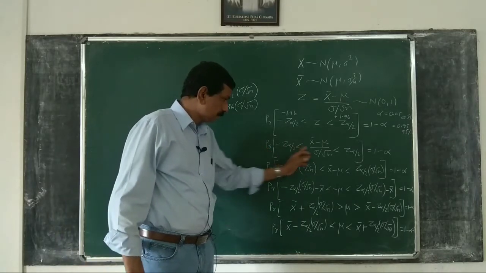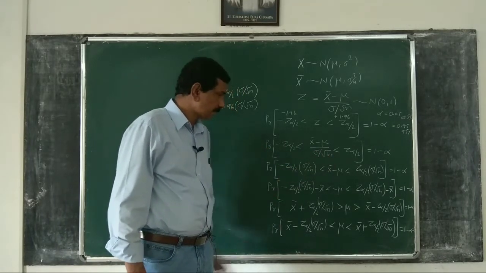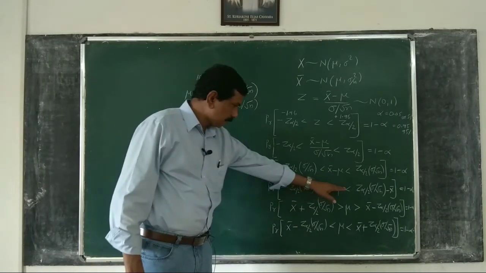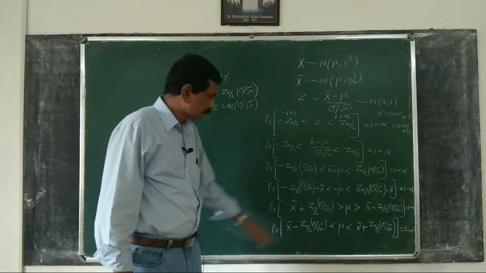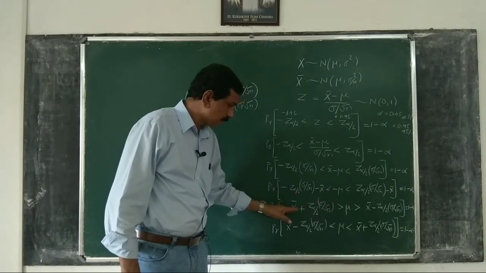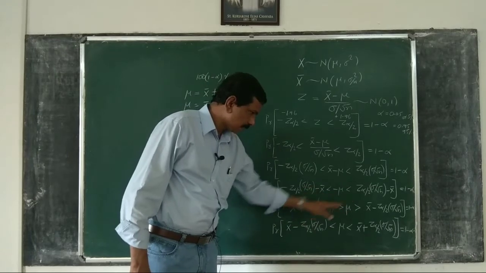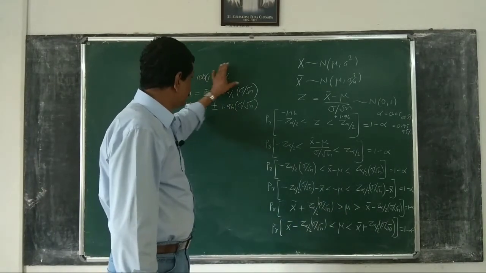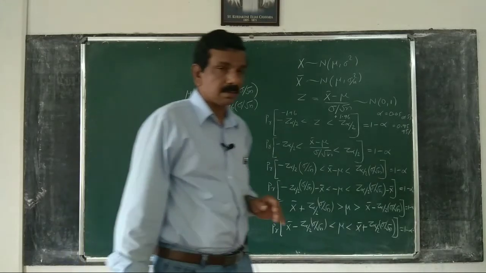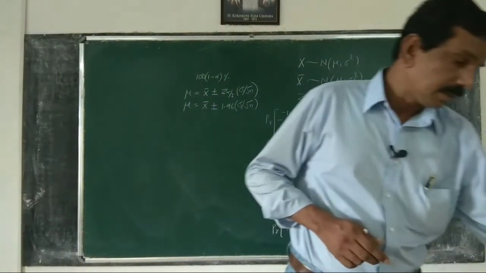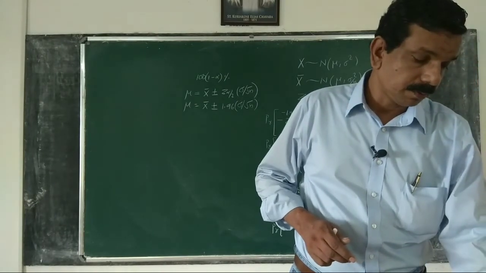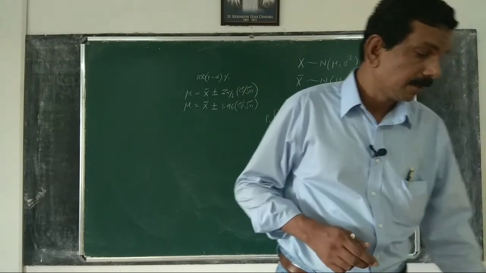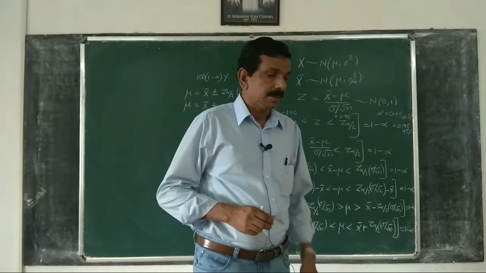So first multiply by sigma by root n, then x bar is subtracted, multiply throughout with a minus. This is only a rearrangement. This will give a 100 into 1 minus alpha percent confidence interval, not for the estimator, but for the parameter. Always remember that. We are constructing confidence intervals for parameters, not for estimators.